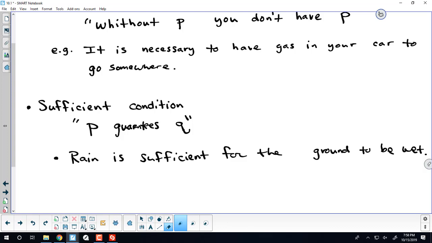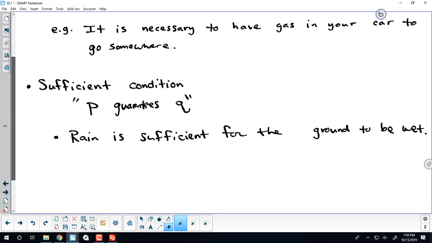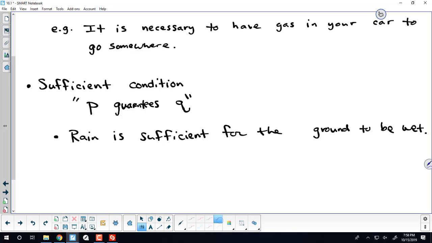But is it necessary? For the ground to be wet, is it necessary that it rains? No. Somebody could dump out their water bottle, whatever, right? So sufficient is a stronger statement.